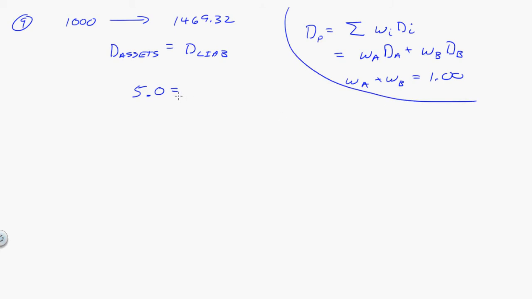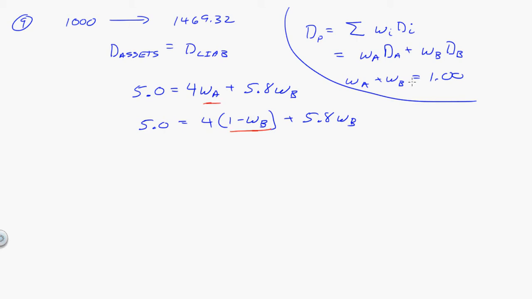So the duration of my liabilities is 5. I can put some money in a bond A that has a duration of 4 years plus some money in bond B that has a duration of 5.8 years. So 5 is equal to 4 times 1 minus the weight of B plus 5.8 weight of B, making this substitution right here from this equation.